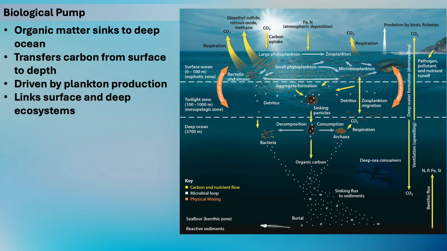The biological pump integrates primary production, nutrient cycling, food web interactions, and the physical ocean structure and mixing. It's one of the clearest examples of how biological and physical oceanography are inseparable, and it highlights how processes at the microscopic scale can have global consequences.